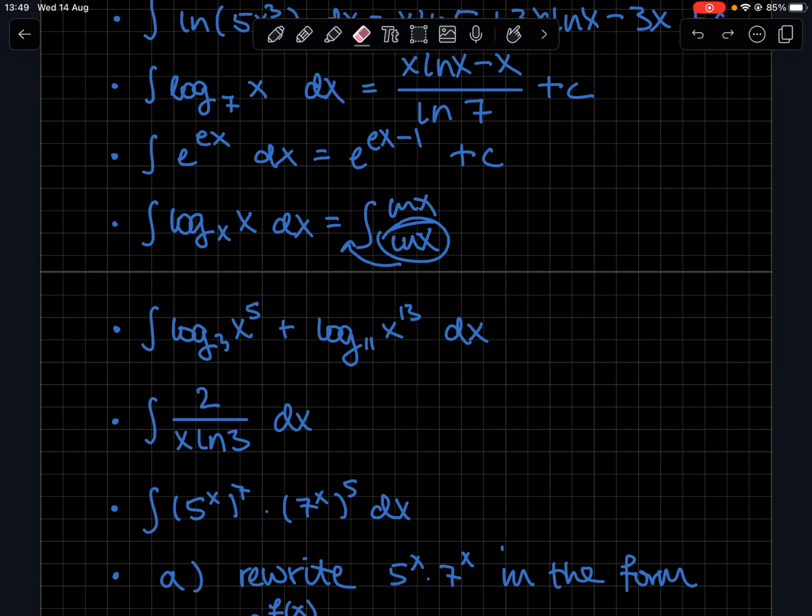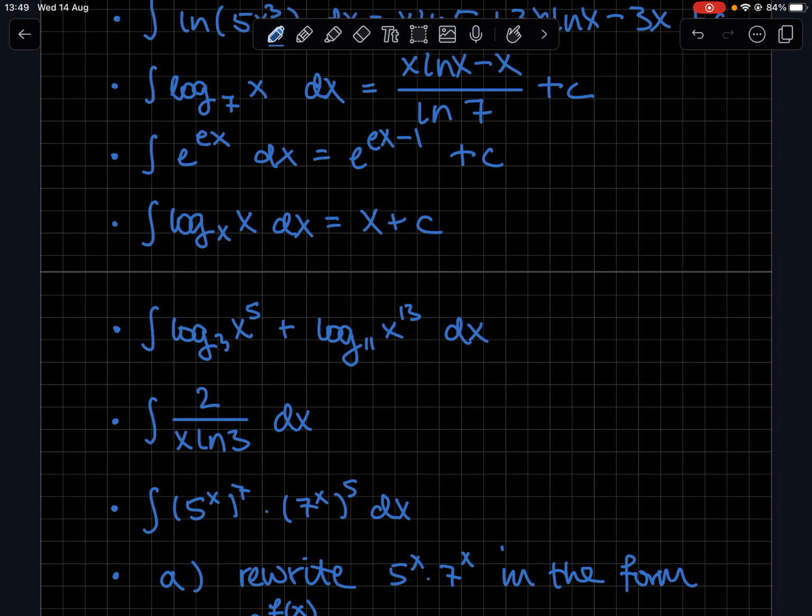But we were only allowed to do that because we had ln of 7, which is a constant. Here we have ln of x, meaning that it's not a constant. Its value is dependent on x, so we cannot do that, okay? So the correct answer is, of course, x plus c.